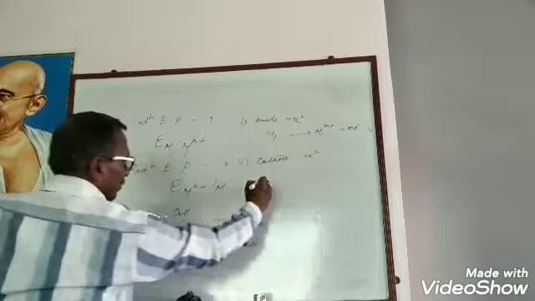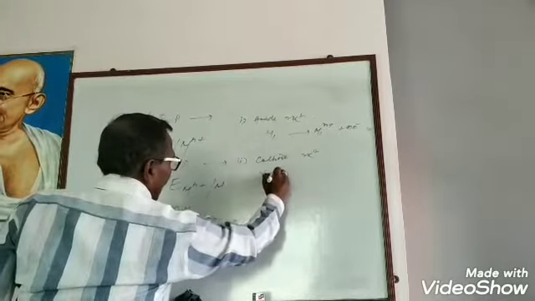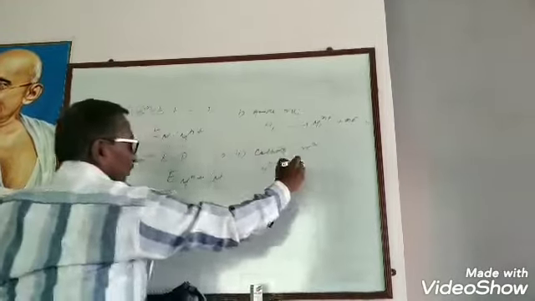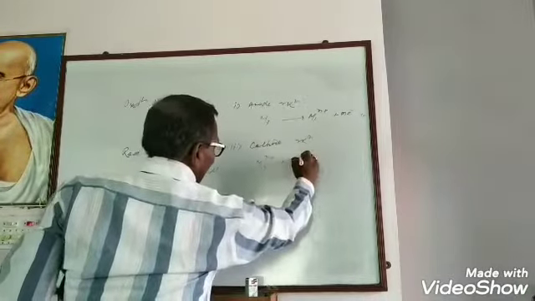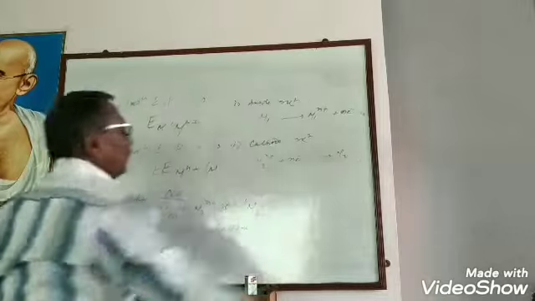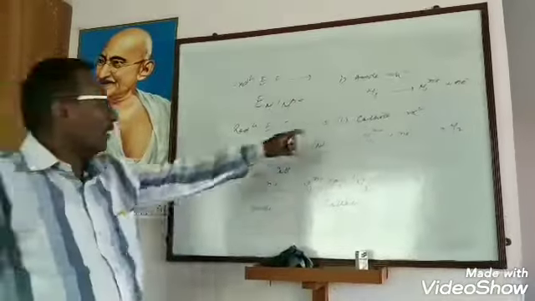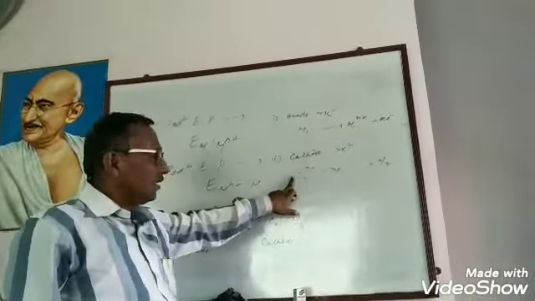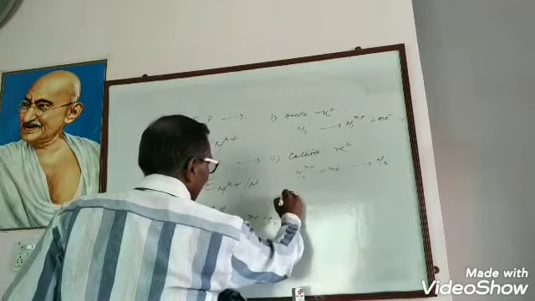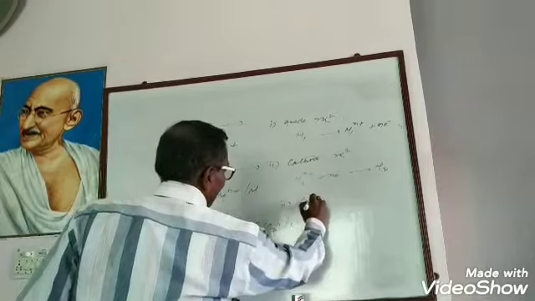Cathode reaction is represented as M2n+ gaining ne- becomes M2. So this is anode reaction, this is cathode reaction. Now third one is cell reaction.